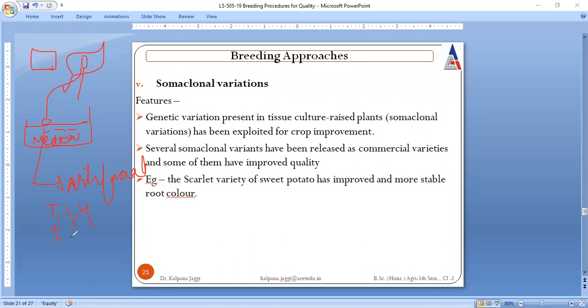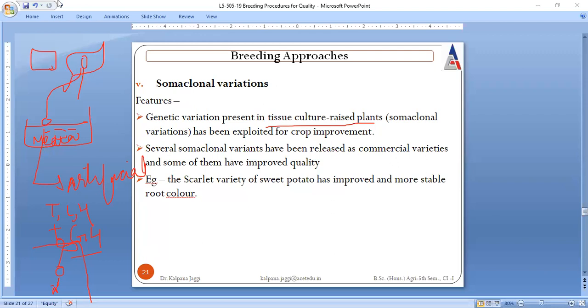Further growth hormones will also be supplied to this media. Then as a result, from this tissue arise the roots, and from this tissue arise the shoots, and it starts bearing the leaves also. This is growth of the plant under artificial conditions, or we can say these are tissue cultured raised plants.